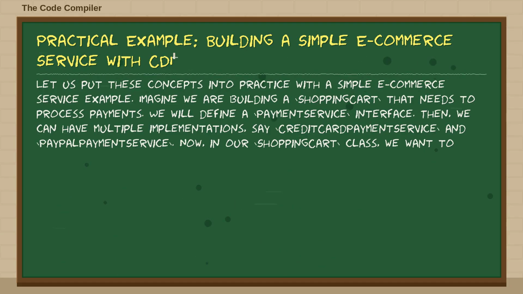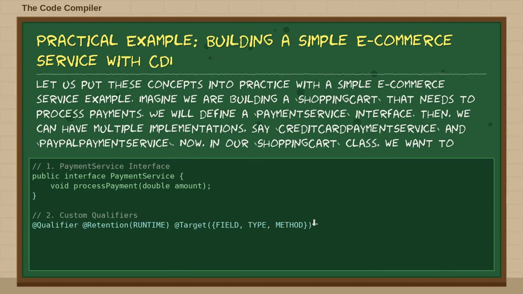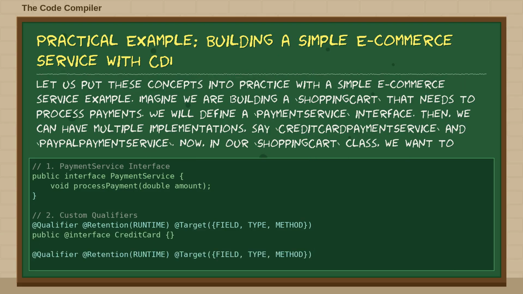This way, our shopping cart class remains decoupled from the concrete implementation, and we can easily switch payment methods just by changing the qualifier at the injection point. This demonstrates the power of CDI for building flexible and maintainable applications.